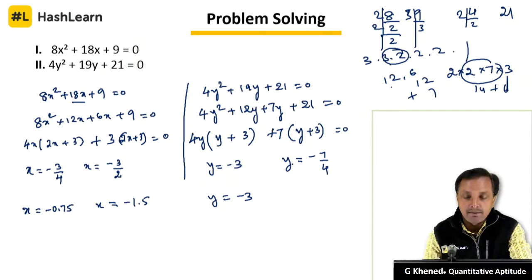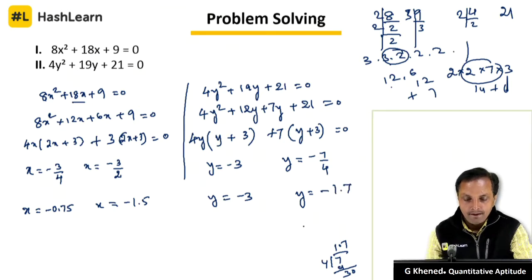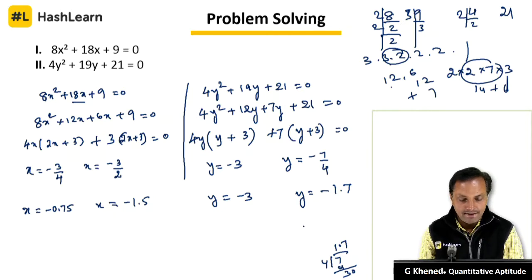Y is minus 7 by 4. 7 by 4 is: 4 ones are 4, 4 7s are 28. Y is equal to minus 1.7. So now you can easily see x is equal to minus 0.75 and minus 1.5, and y is equal to minus 3 and minus 1.7.